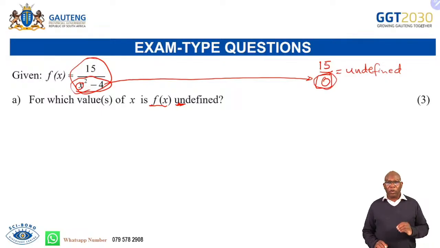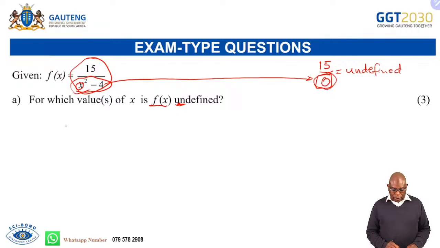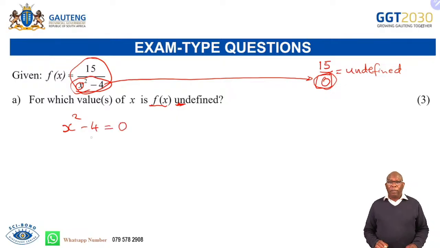That will make the whole thing undefined. So I take my denominator, x squared minus 4, and say equals 0. Now remember, if that gives me 0, it means that the whole thing is undefined. So that is what we are looking for: the x values that make that whole thing undefined.